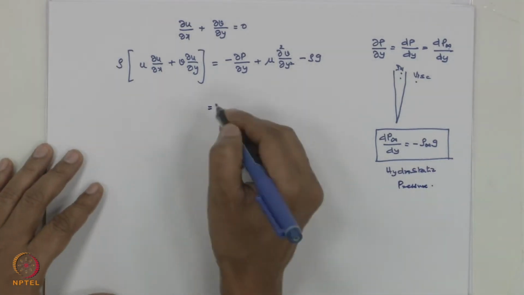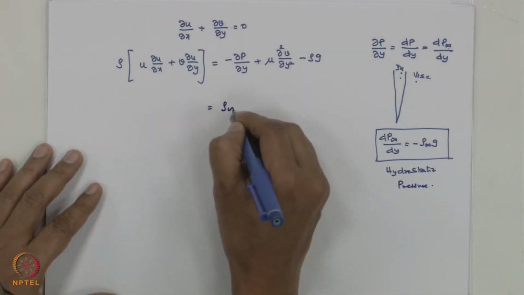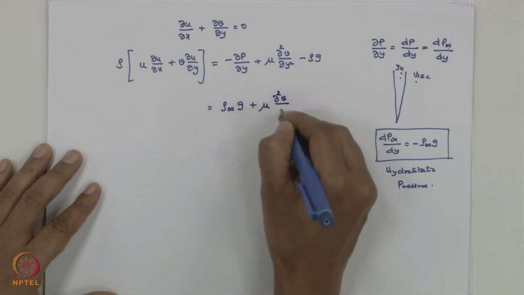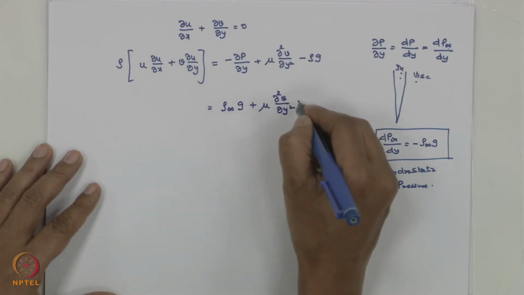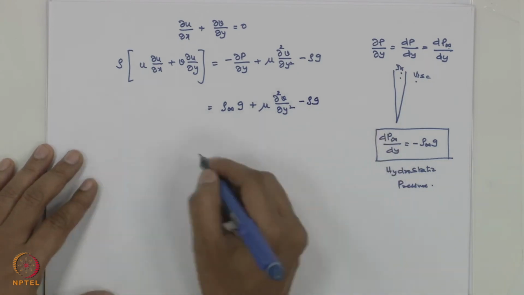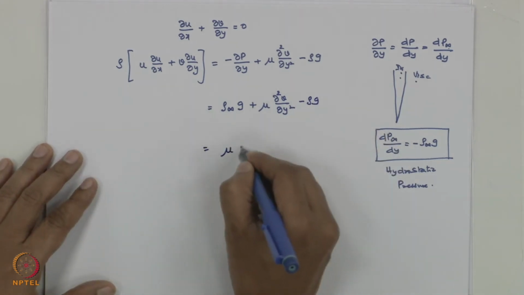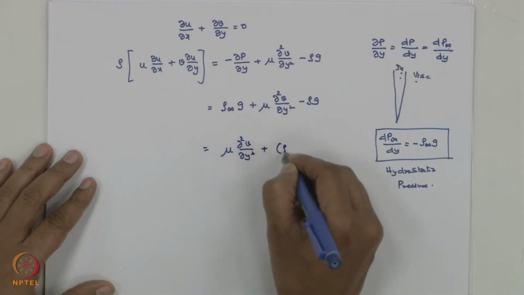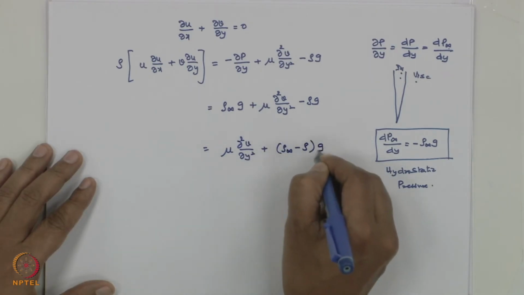So you substitute this, you get rho infinity into g plus mu del squared v by del y squared minus rho g, that is equal to mu del squared v by del y squared plus rho infinity minus rho into g.